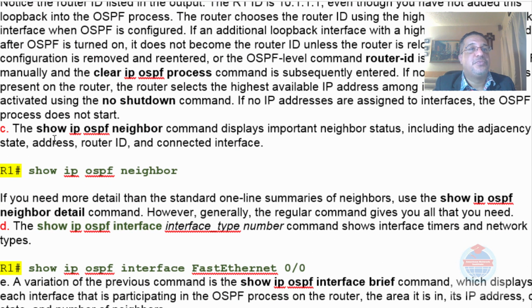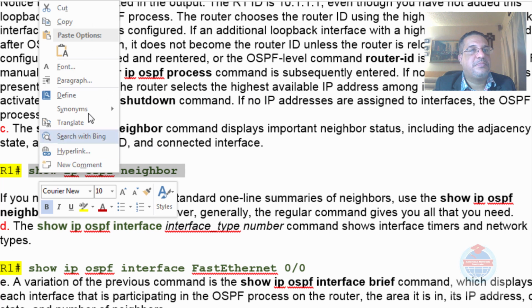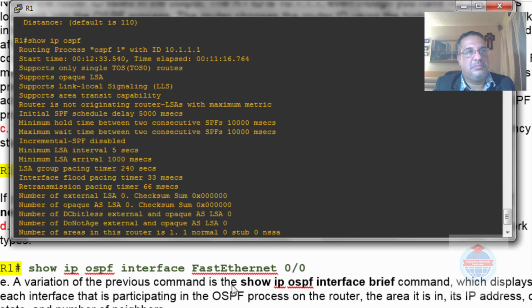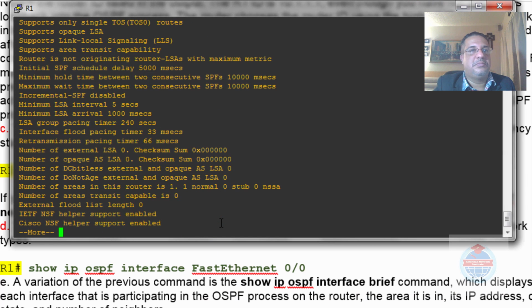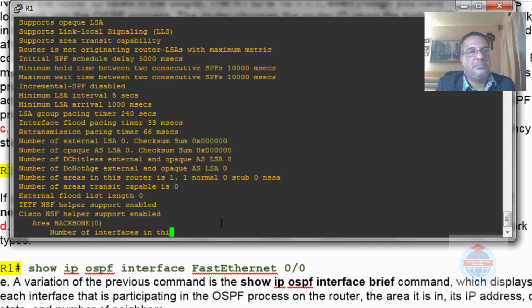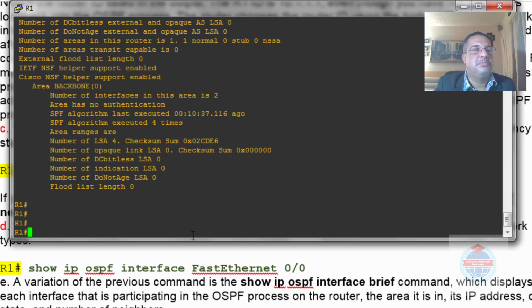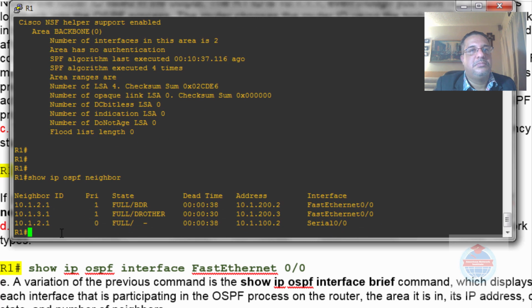Show ip ospf neighbor. Okay. Over here, there is something very interesting.